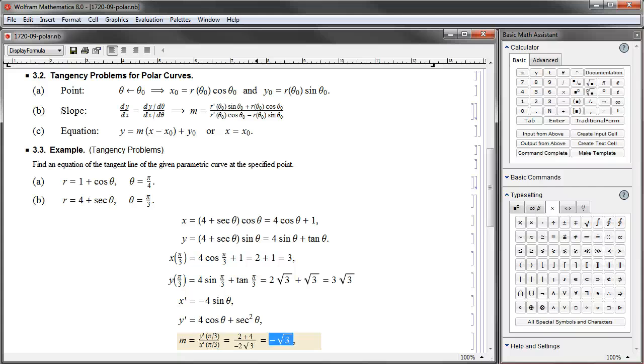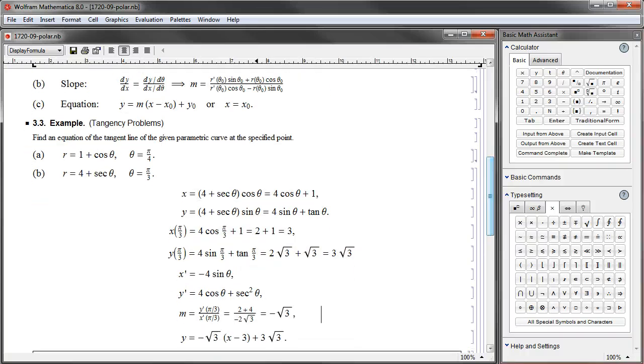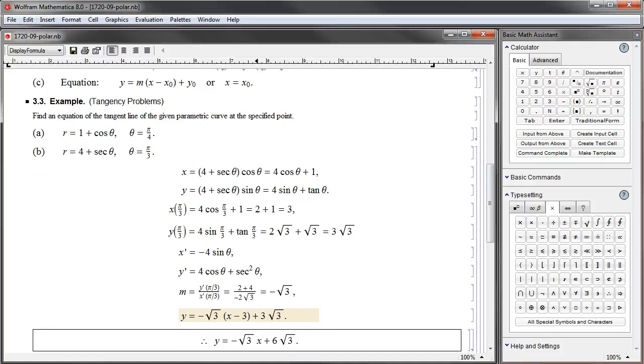We know the slope, x0, y0, so we can answer the question by the point-slope equation like this, and as far as I'm concerned, this is the final answer and this is okay. For some reason, if you want to simplify it further toward a slope-intercept equation, here it is. You can break up the parentheses and rearrange.